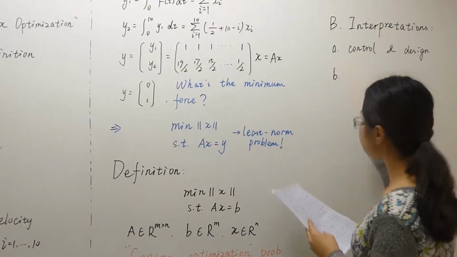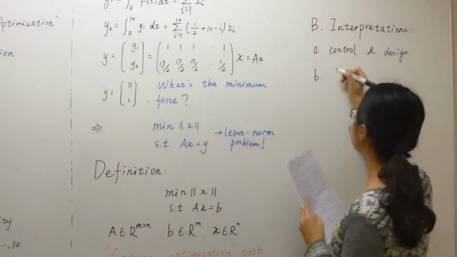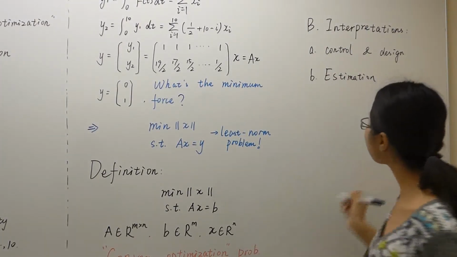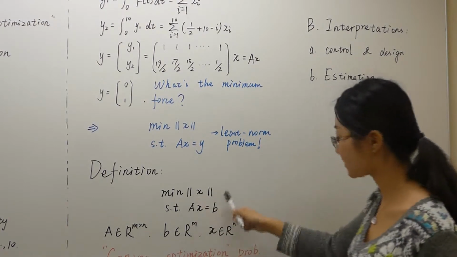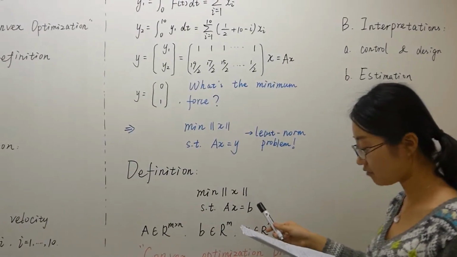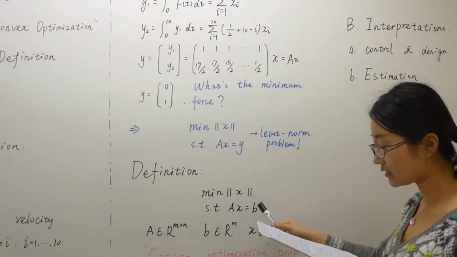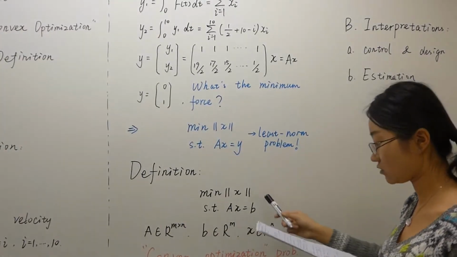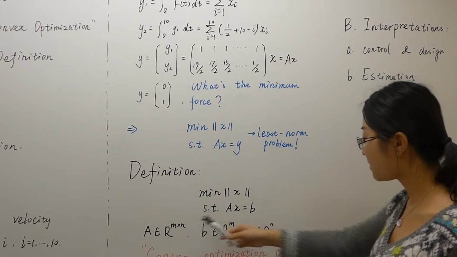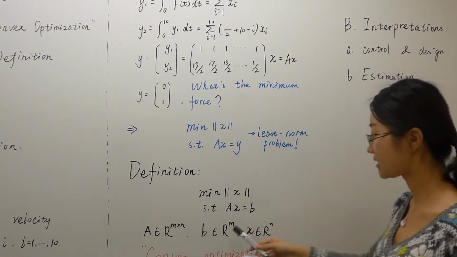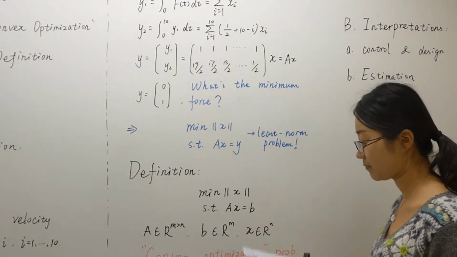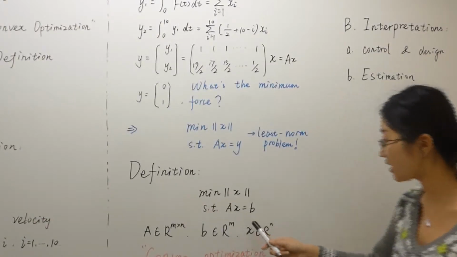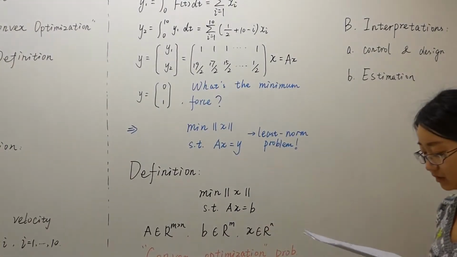The least norm problem is a problem to find the minimum value of this control input. The second interpretation is the estimation interpretation. If x is a vector of parameters to be estimated, and we have some perfect linear measurements, which is Ax equals b, and the number of measurements is less than the number of parameters, then our measurements cannot completely determine our parameters.